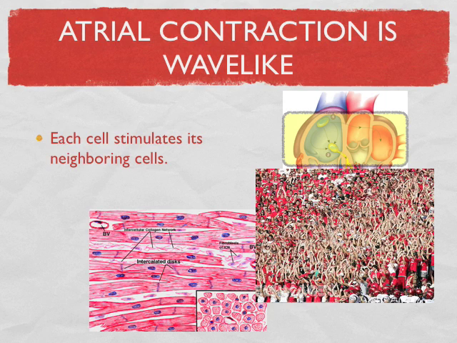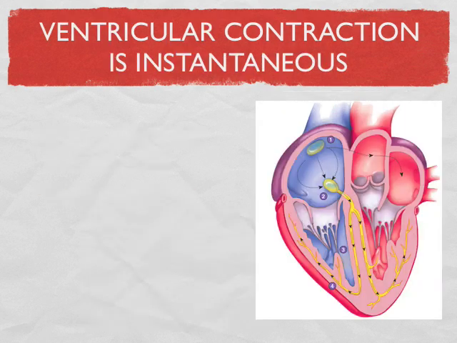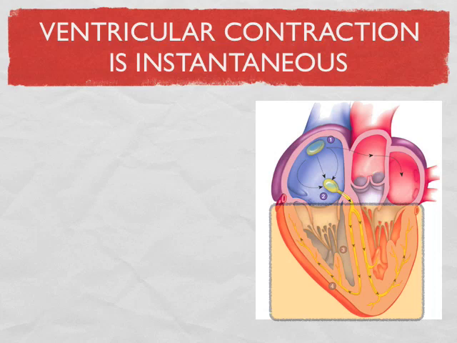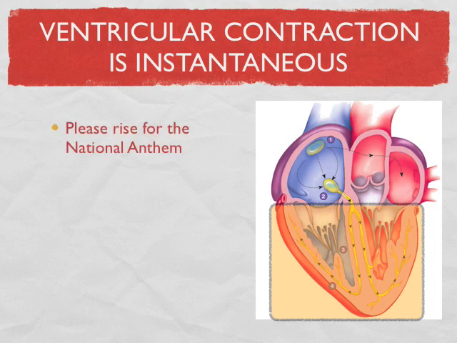It contracts from the top down, so the blood is squeezed from the top down toward the ventricles. Now the ventricular contraction is different. The ventricular contraction is instantaneous. This is more like the part in the concert, or more likely in a sporting event, where at the very beginning of the event, someone makes an announcement.